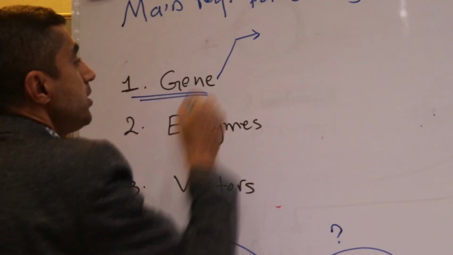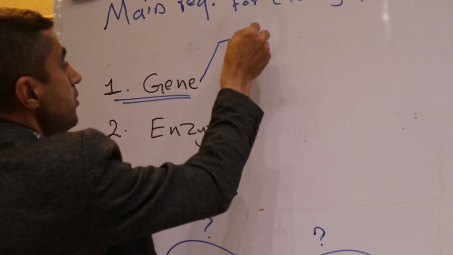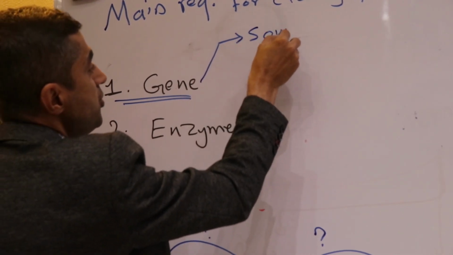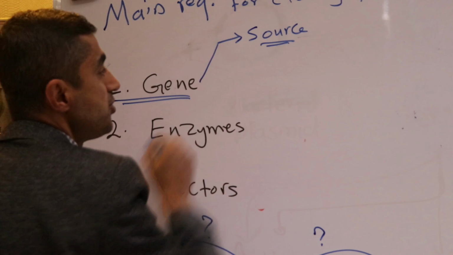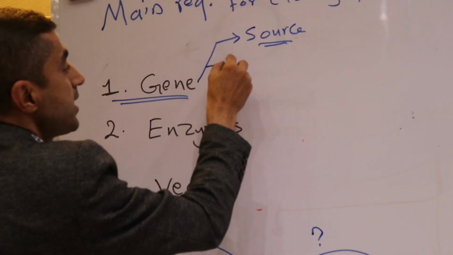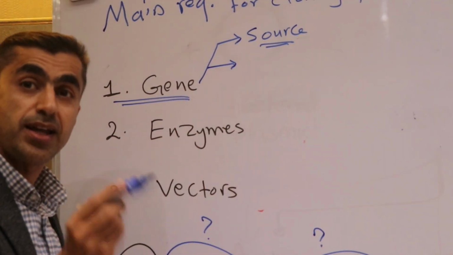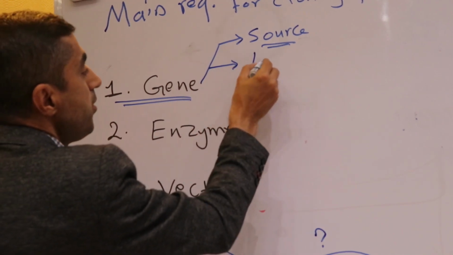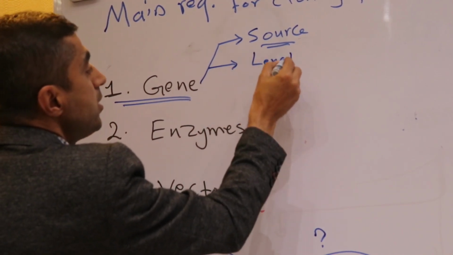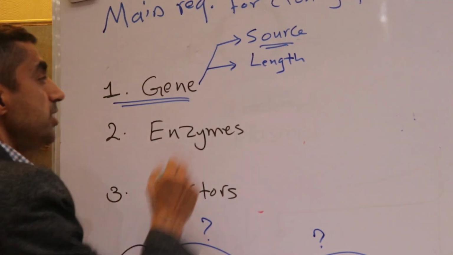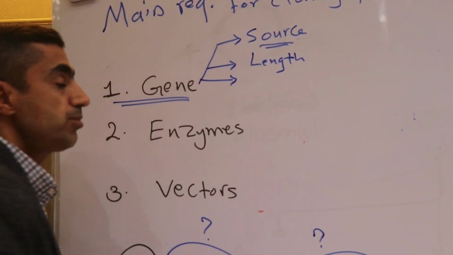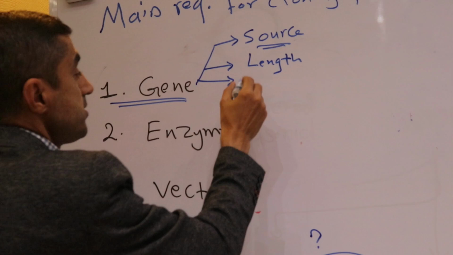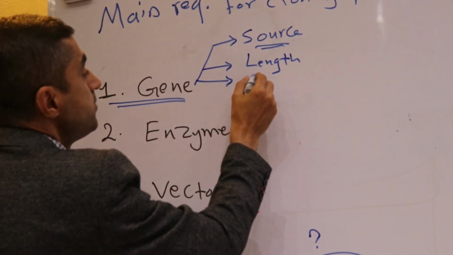Firstly, you should know the main source of your gene. And secondly, you should know the length of your gene. And next, you have to know the gene sequence.